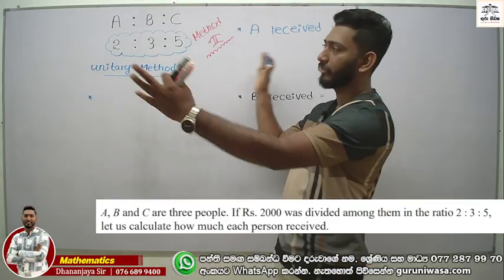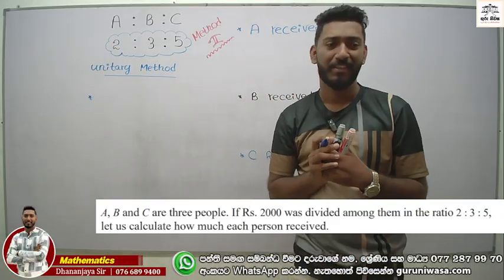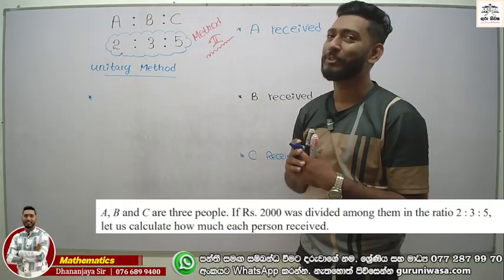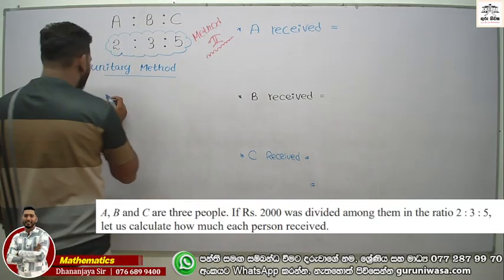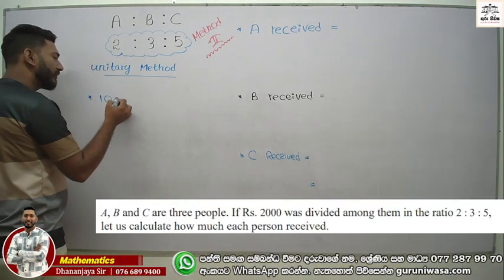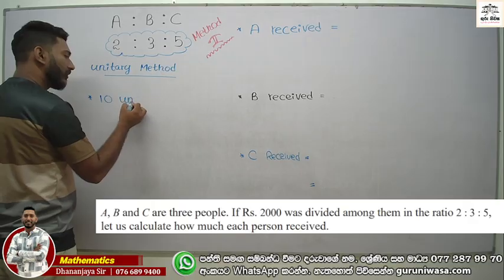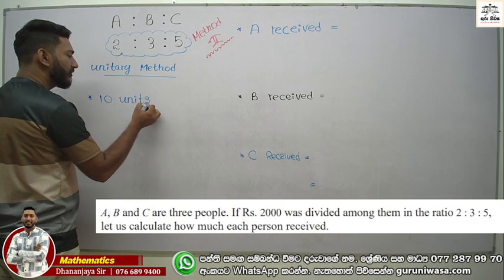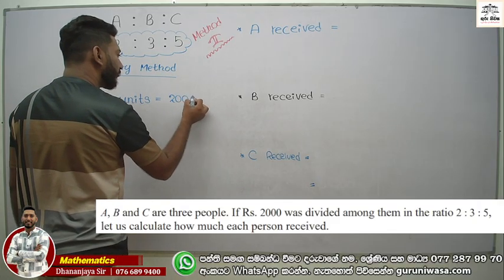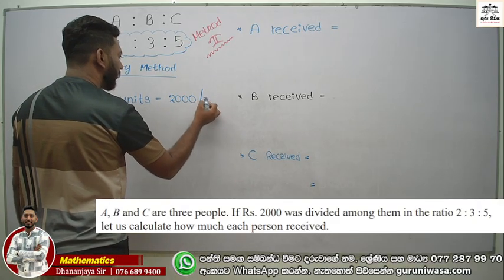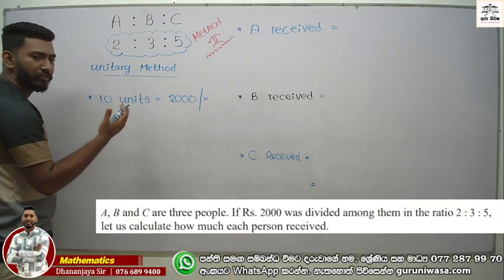How many portions as a total? All 10. Well done. Therefore, I call it 10 units. 10 units equals 2,000 rupees. 10 units is equal to 2,000 rupees.